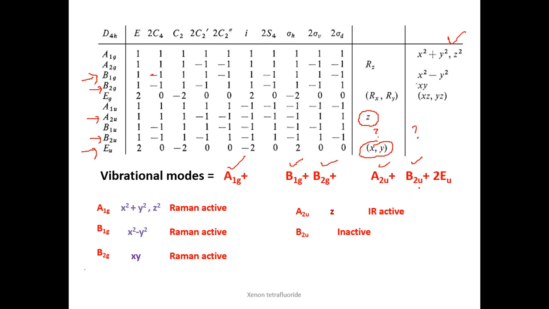X and y are Cartesian terms, and so this is IR active. To summarize, A1G, B1G and B2G are only Raman active. A2U is IR active. B2U is inactive, and EU is also IR active. Thank you.